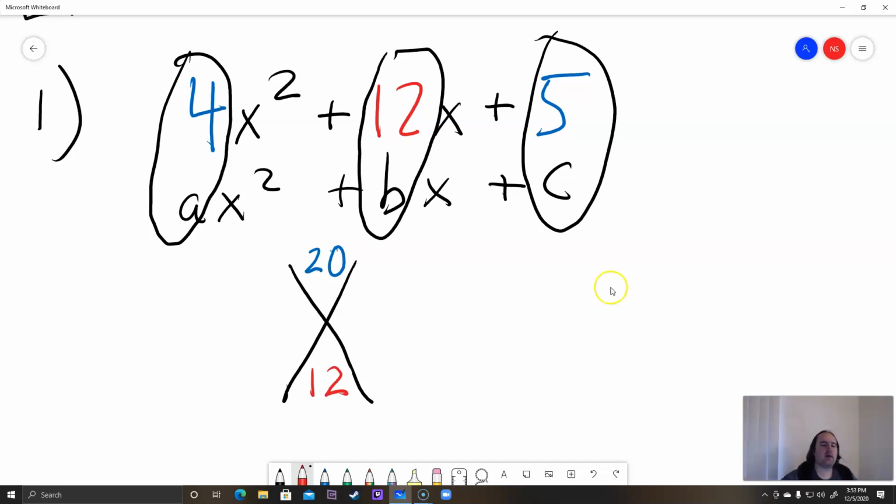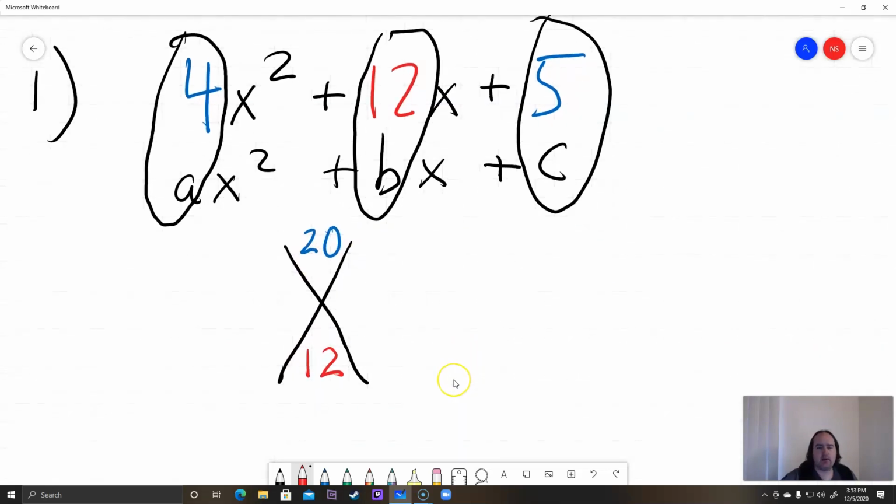Okay? And then we just need to think of two numbers that multiply to 20, but add to 12. And you can just try different numbers. To multiply to 20, the first two numbers I think of are 4 and 5.